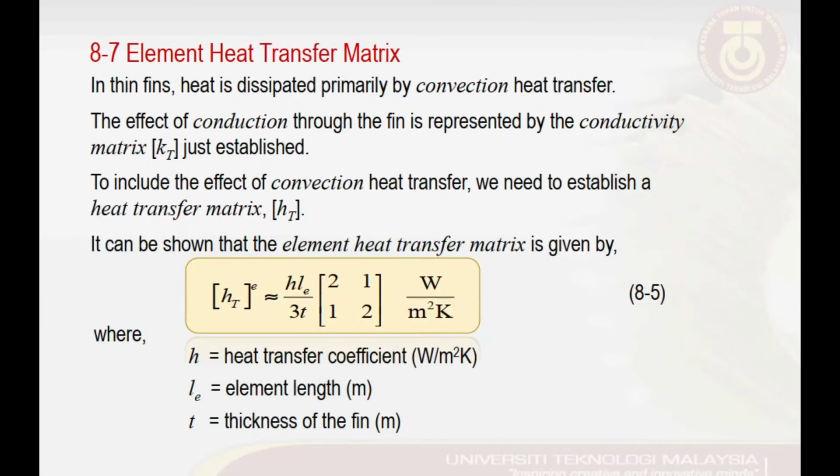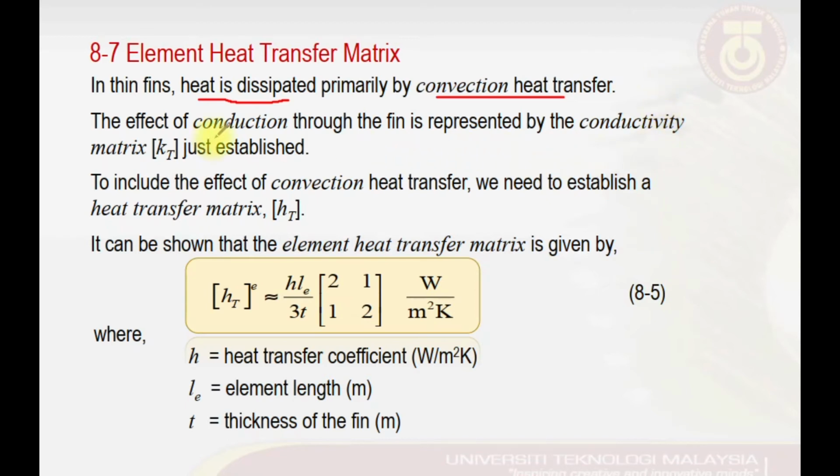For the element heat transfer matrix, in thin fins, heat is dissipated primarily by convection heat transfer. So most of the heat dissipation, the heat removal from the fin, is governed by convection heat transfer through the flow of the cooling fluids or through ambient fluid motions.